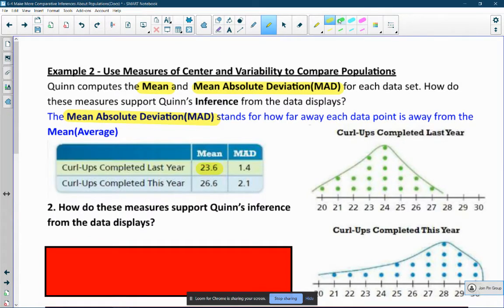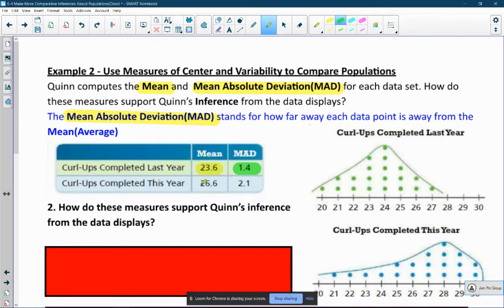Now, what this MAD number stands for is that each other student was on average 1.4 curl-ups away from that mean, that average. Now that's a really confusing thing to find, and we're not going to spend so much time finding the MAD, but what we need to know is the mean absolute deviation stands for how far away someone is from the average. So if the average is 23.6, each person was on average 1.4 curl-ups away from that mean.